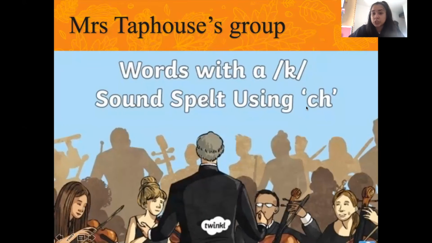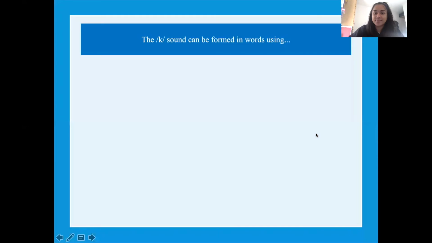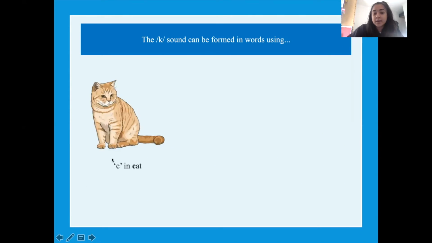So today we're looking at words with a k sound, which is spelt using CH, which usually makes a ch sound, okay? But in these cases, the CH will make a k sound, okay? The K sound can be formed in words using the C in cat. So the C in cat makes the same K sound.